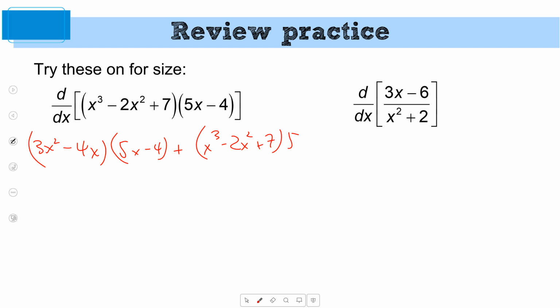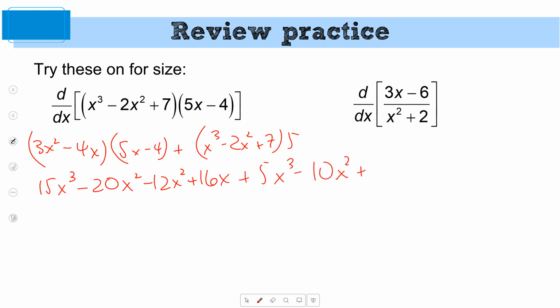Right now, that's what I'm most concerned about. The rest of this will come from practice. It is some basic algebra stuff. So 15x cubed minus 20x squared minus 12x squared plus 16x plus 5x cubed minus 10x squared plus 35, yes?